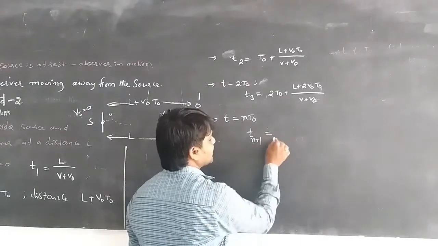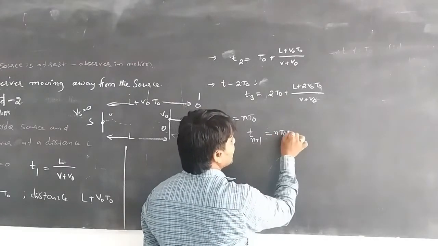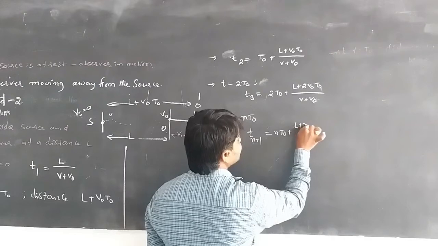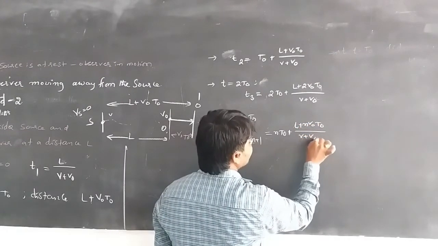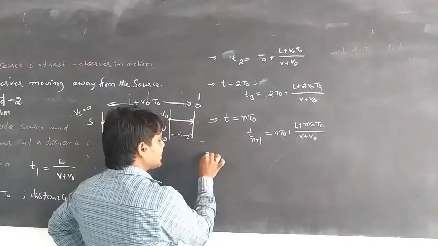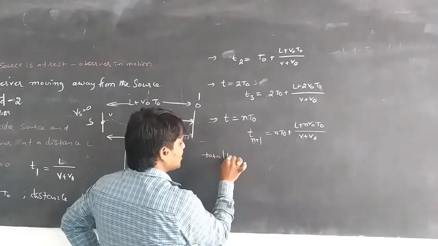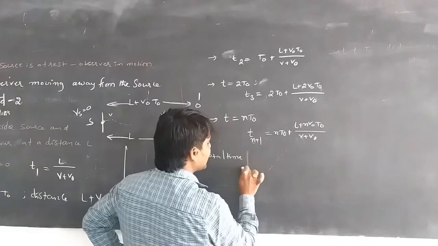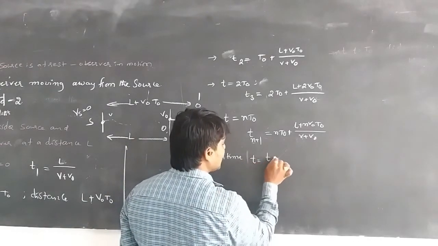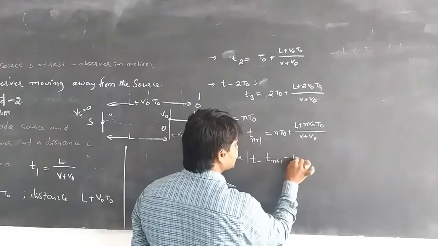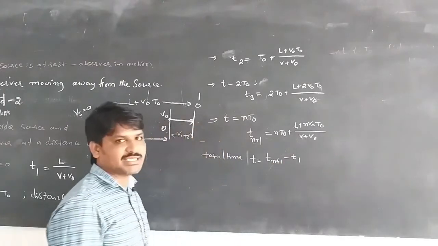So Tn plus 1 is equal to n T0 plus L plus n V0 T0 by V plus V0. Further, the total time taken to receive the waves by the observer is t equal to Tn plus 1 minus T1.